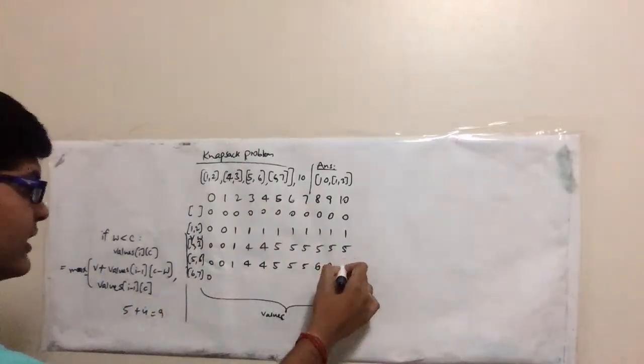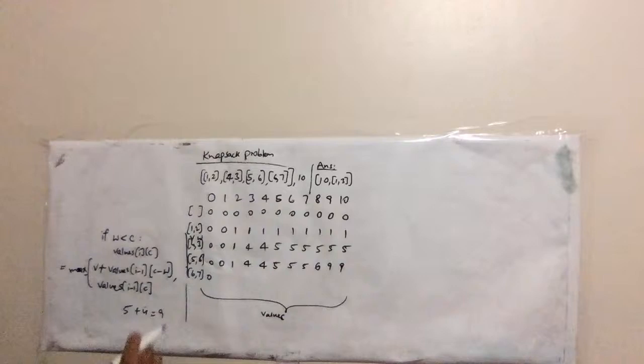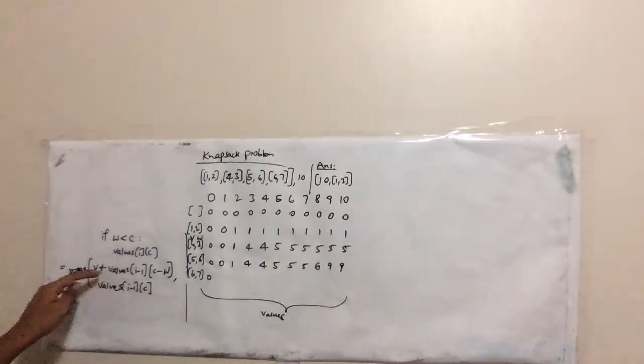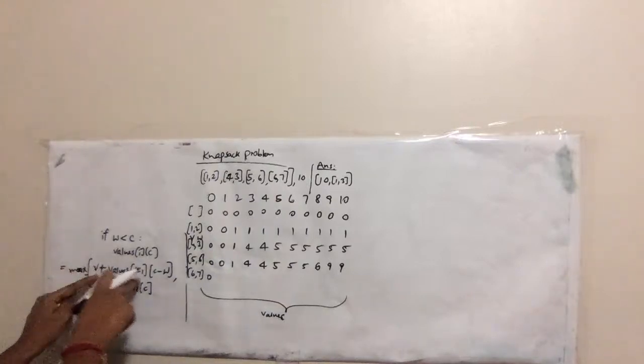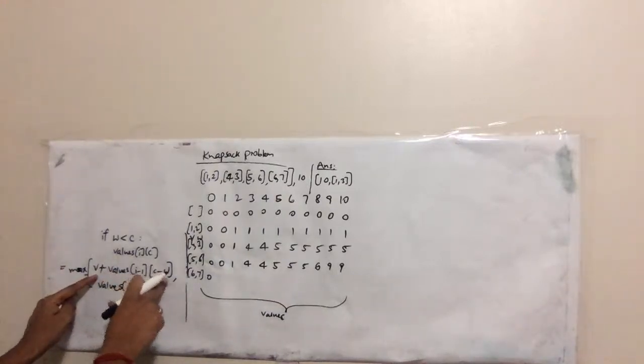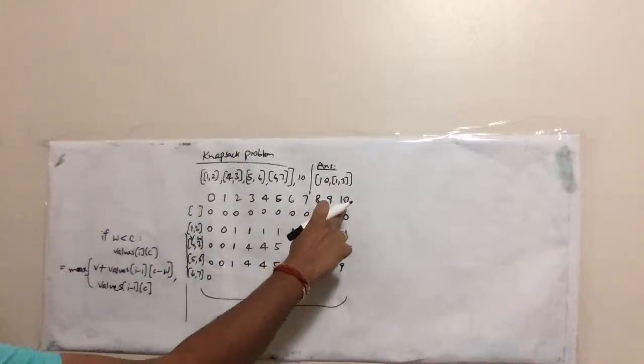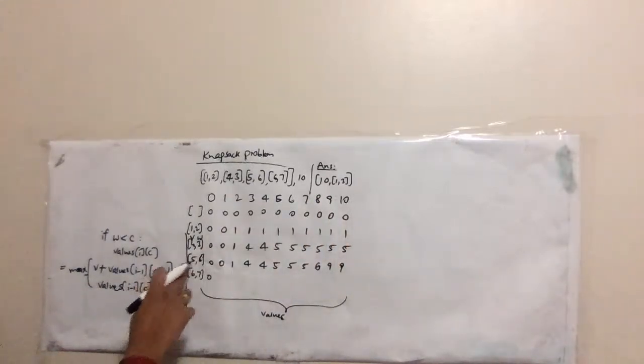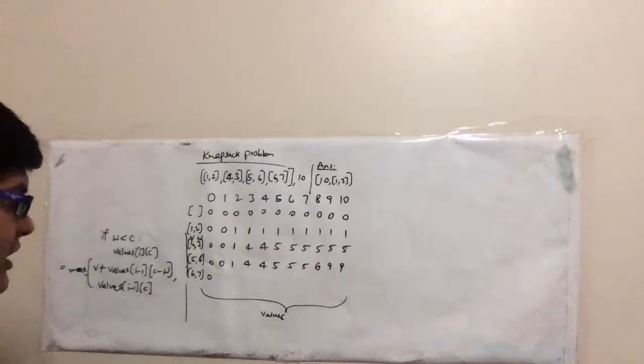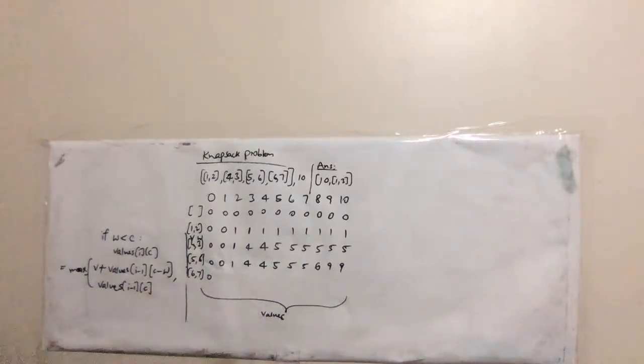So this is also 9. I am just applying this formula: adding v plus i minus 1, c minus w. C is the capacity, like 10 minus w, where w is the weight which is present over here, and calculating the last row.